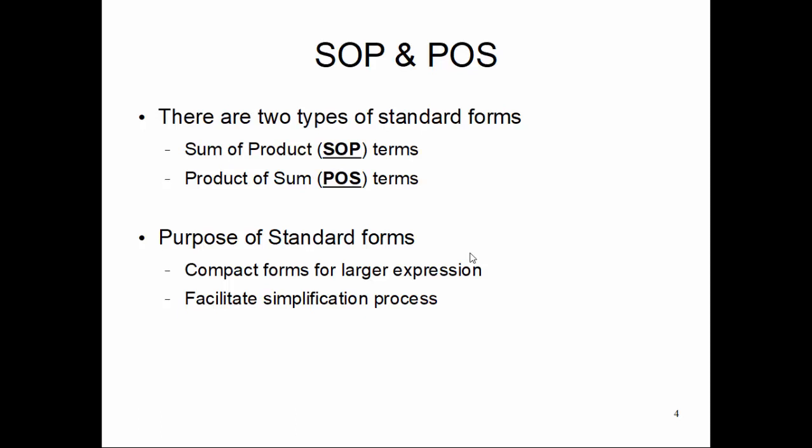All the formal, algorithmic steps we'll be discussing in the K-map actually rely on the definitions and properties of these standard forms. Okay, SOP and POS. So that's the purpose.